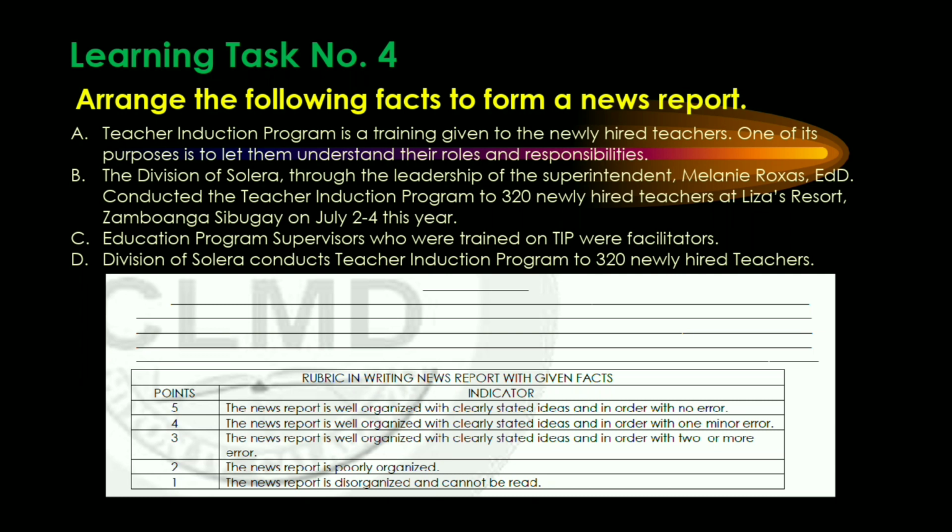Okay, you will be given 5 points if your news report is well organized, with clearly stated ideas and in order with no error. 4 points if your news report is well organized, with clearly stated ideas and in order with one minor error. 3 points if the news report is well organized with clearly stated ideas and in order with 2 or more errors, and 2 points if the news report is poorly organized, and 1 point if the news report is disorganized and cannot be read.